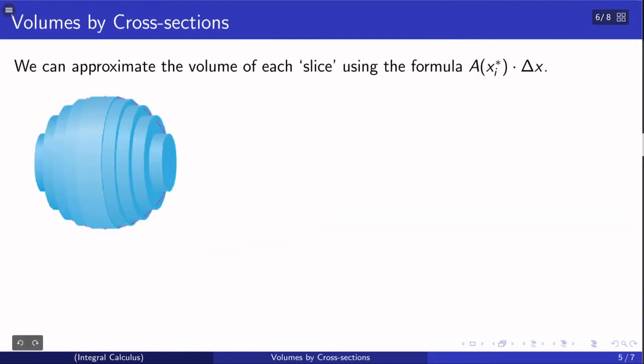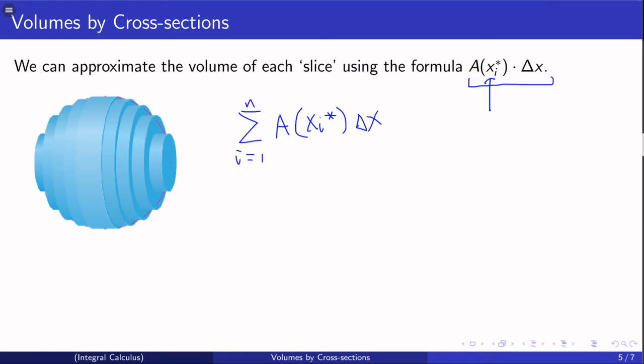Before we get to all of that, let's look at the general method first. Again, with cylinders, you can compute volumes using this formula, area of the base times height, where you're fixing the base at a specific point x_i star. And so the Riemann sum you're getting here looks like this: summation from i equals 1 to n of A of x_i star times delta x.